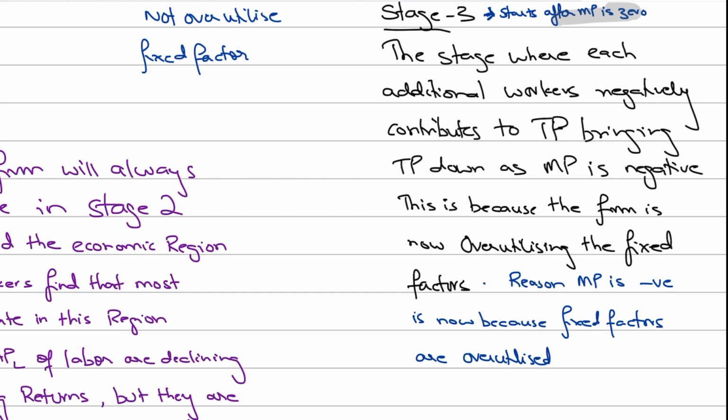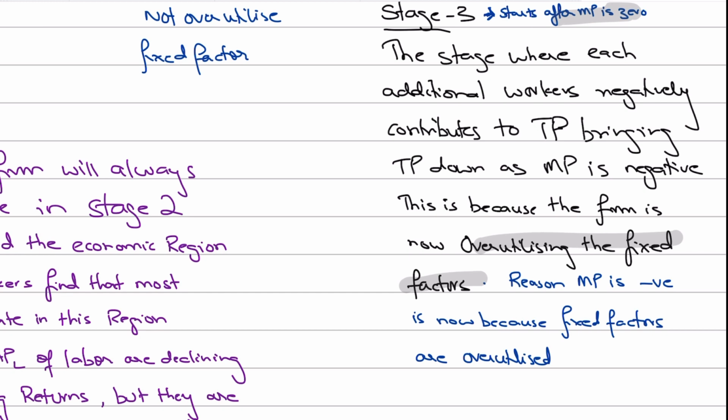And the marginal product being negative means that each additional worker is negatively contributing to total output, to total product, right? The reason is that now the firm is overutilizing the fixed factors, right? That is why the marginal product is negative: the fixed factors are being overutilized.